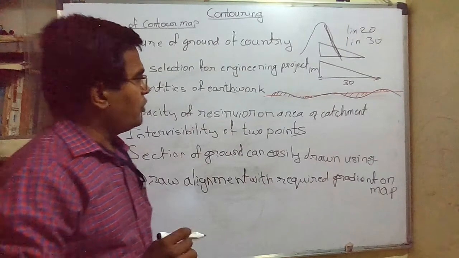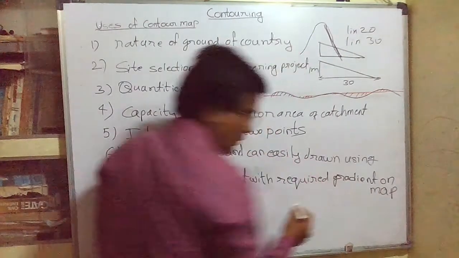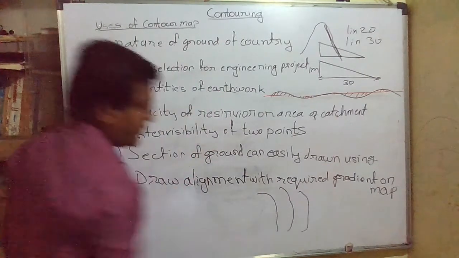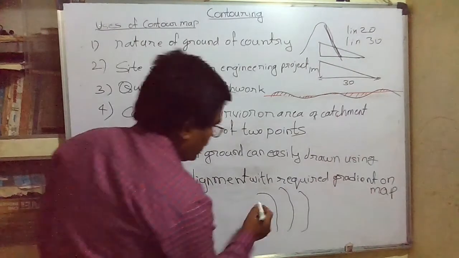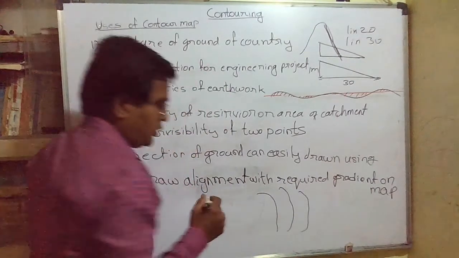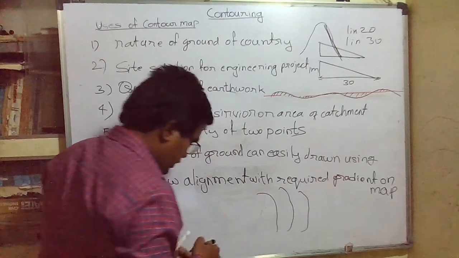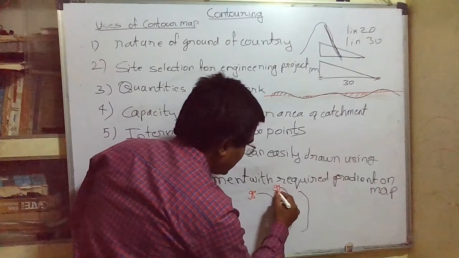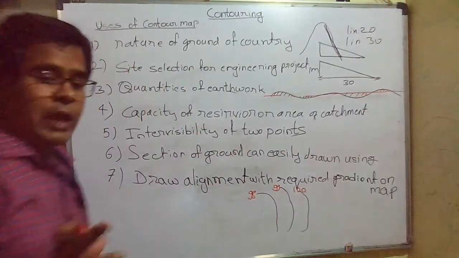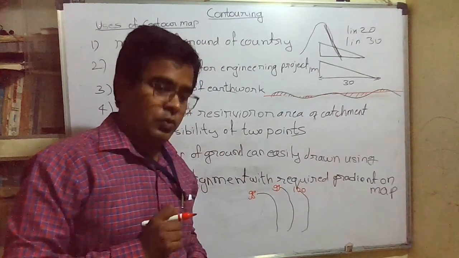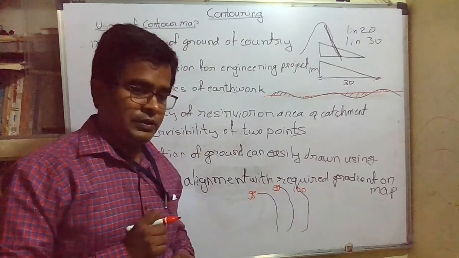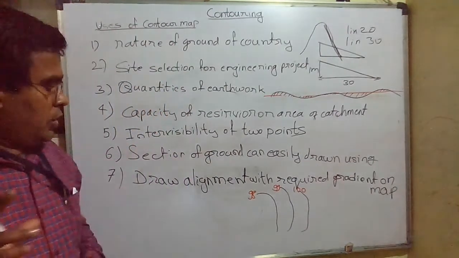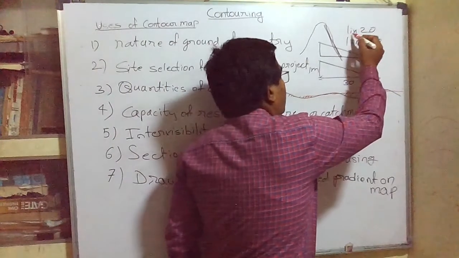Now suppose this is the contour map, with an interval of 1 meter, that is 98, 99, 100, and we have to select the alignment for the road on this ground surface. For that we have selected the gradient of 1 in 30.